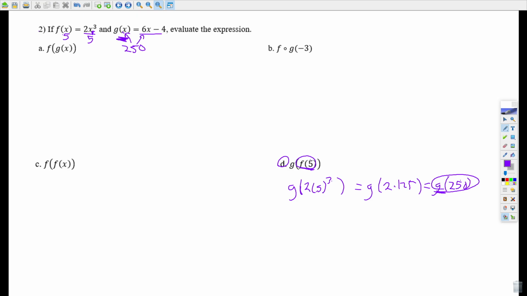So this is going to equal, we're using the g function now, 6 times x, which we know to be 250, minus 4. And then once we evaluate this, we'll have our answer. So 6 times 250 is 1,500 minus 4. So it's 1,496.